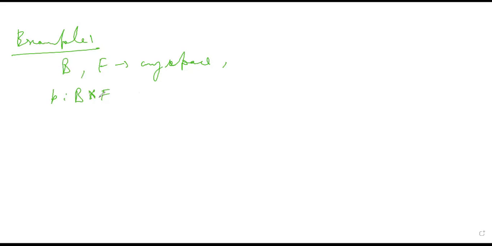B and F are any spaces. Then you can define P from B cross F to B by P of (b, x) equal to b, for every b belonging to capital B and x belonging to F, right? So you can verify that this is a fibration.